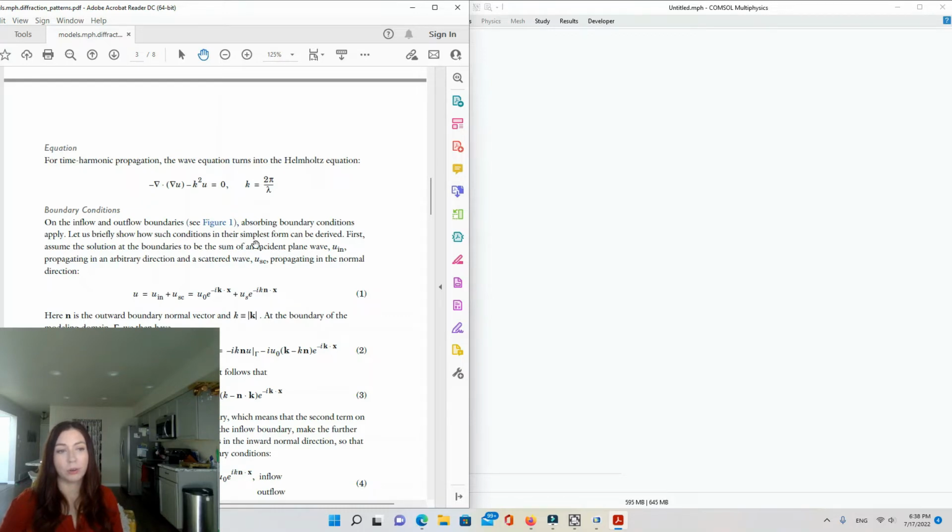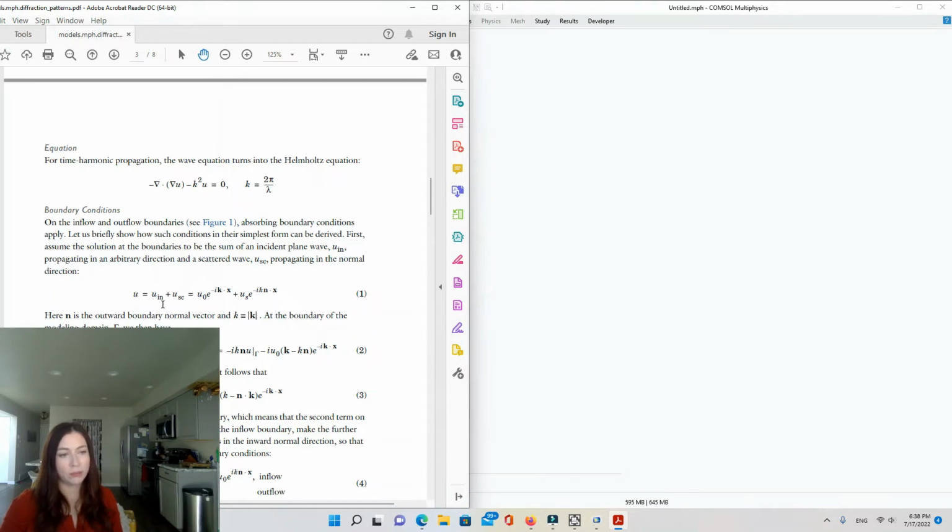Let's briefly show how the conditions in their simplest form can be derived. So first, assume the solution at the boundaries to be the sum of an incident plane wave, u naught, propagating in an arbitrary direction, and a scattered wave, u scattered, propagating in the normal direction.